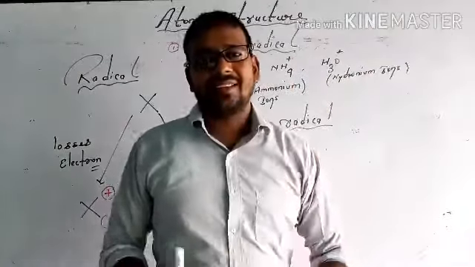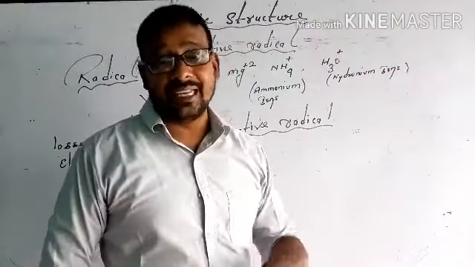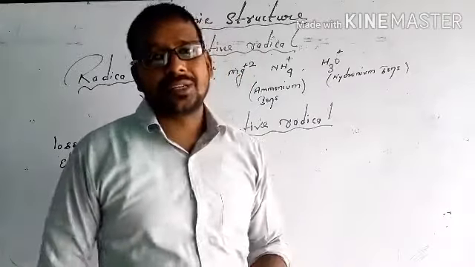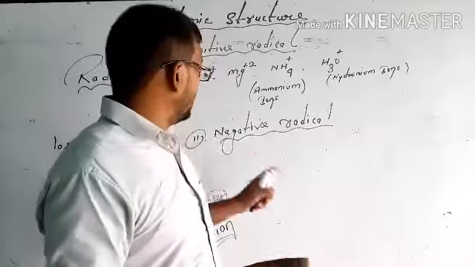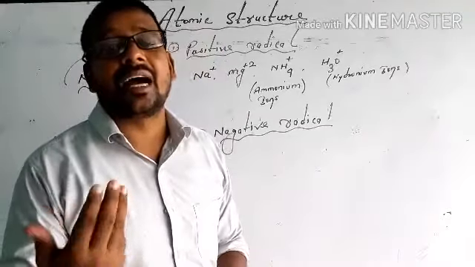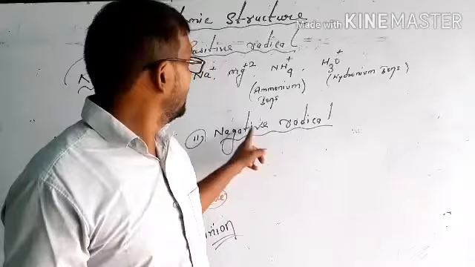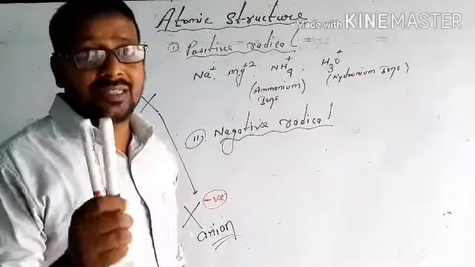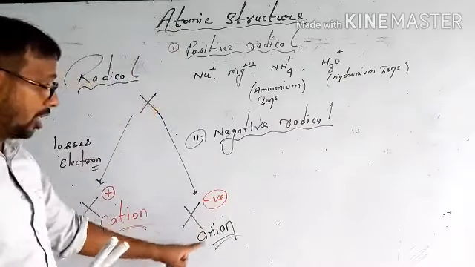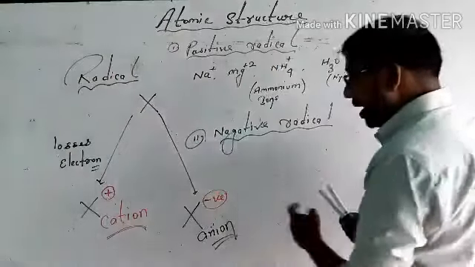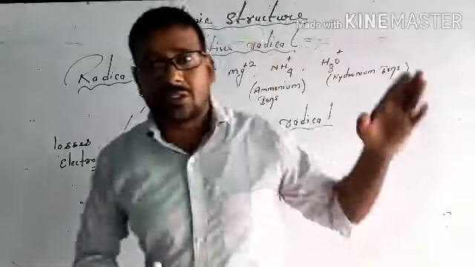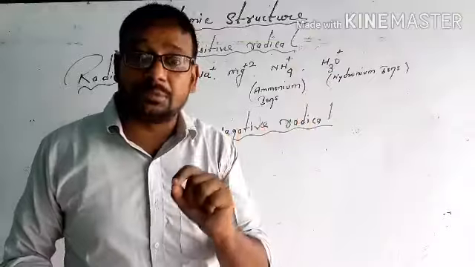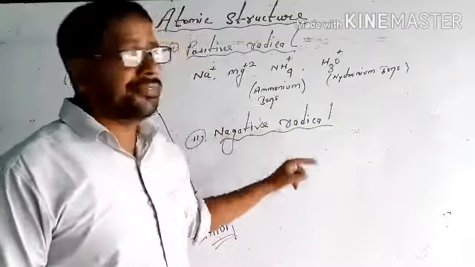When any atom or group of atoms carries negative charge, that is called a negative radical. Positive radical means cation, negative radical means anion. All positively charged particles are called cations, and all negatively charged particles are called anions. So a negative radical means anions. You can write the definition also: when an atom or group of atoms carries negative charge, that is called a negative radical.